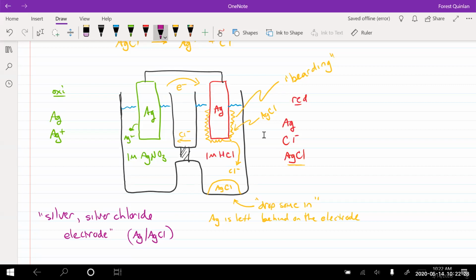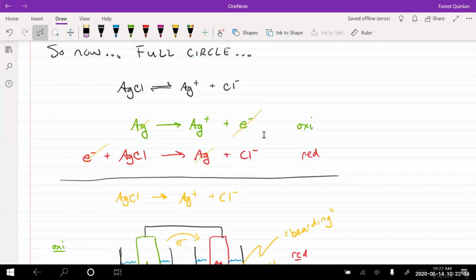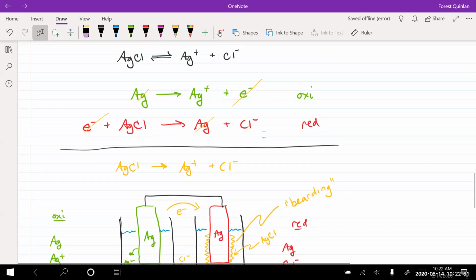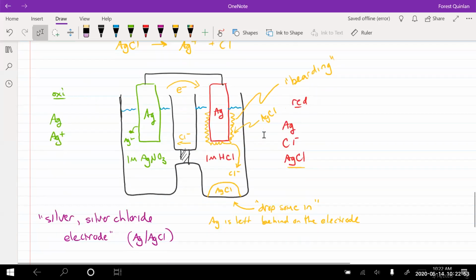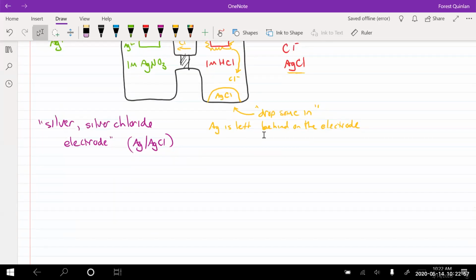Okay, so once again, as we look at this, we want to look at silver chloride breaking apart into silver and chloride ions. To do that, an electron has to be pumped into the solid to break it apart. And then you'd have an oxidation of the metal to balance that out on the other side. So what does this look like?